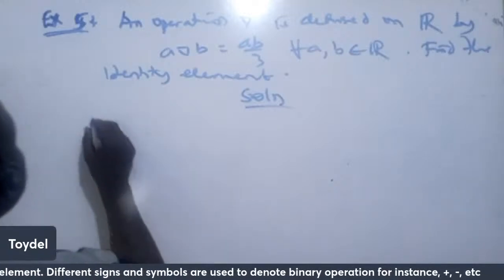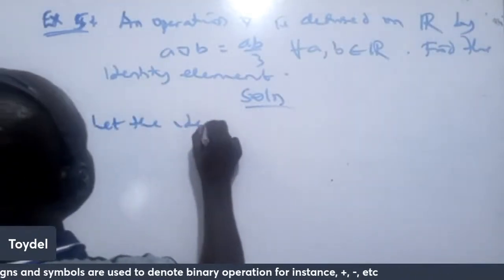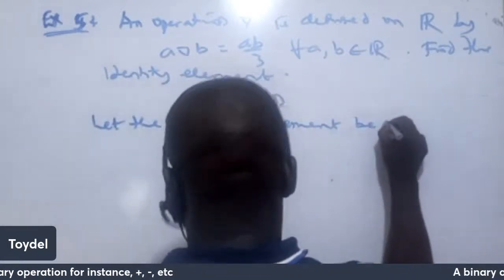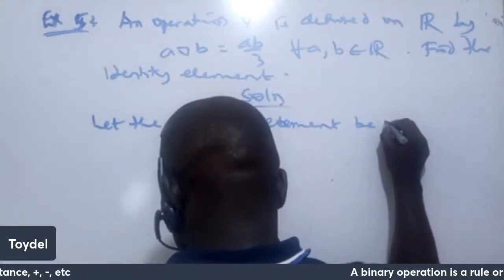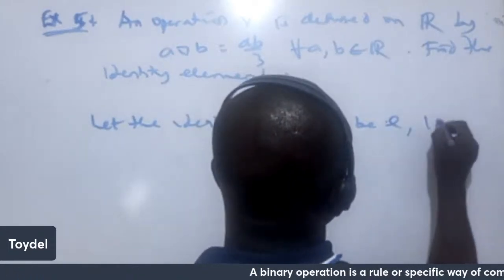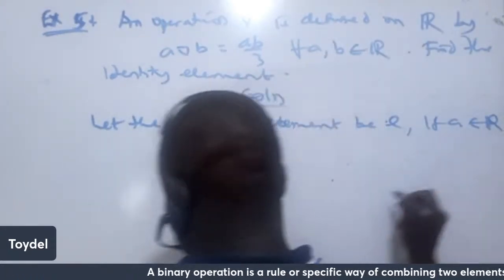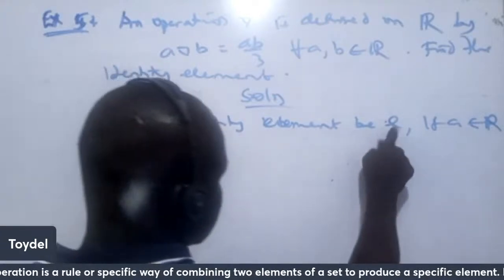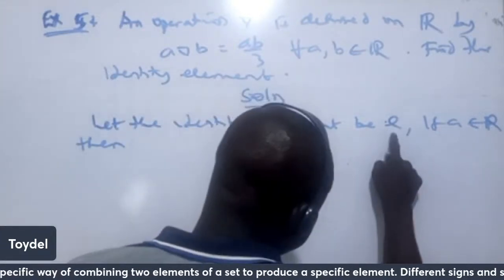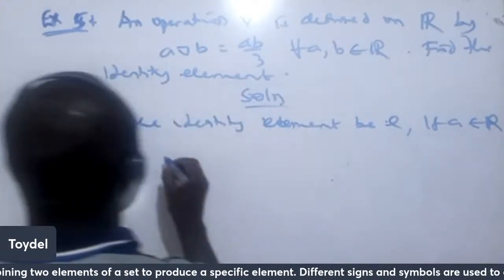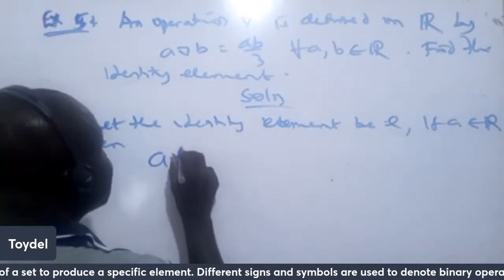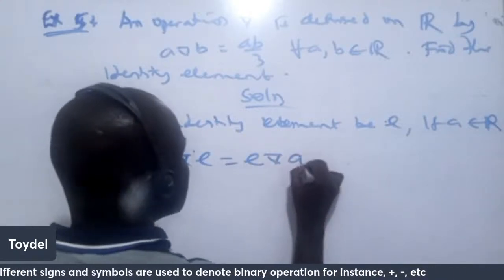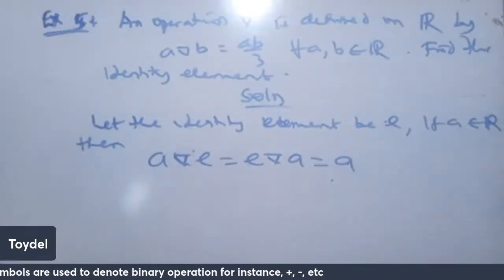All right. So we can just say let the identity element be E. So if A belongs to R, then we are going to have A inverted triangle E must give us E inverted triangle A, and it must be equal to A. That's the meaning of identity element.